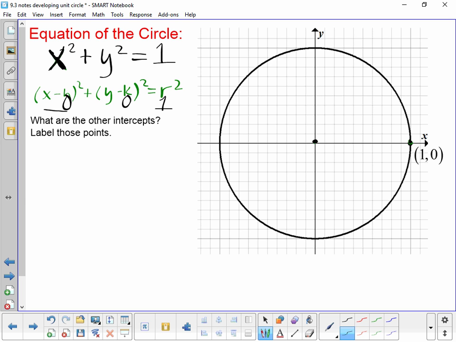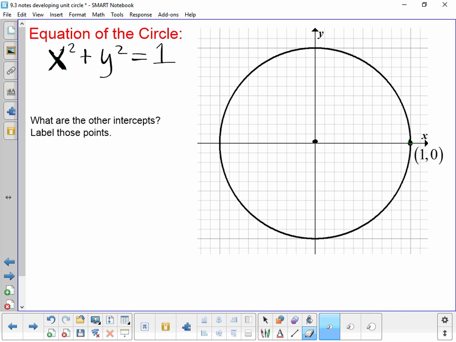So the equation of this circle on this paper here, or the board here, is x squared plus y squared equals 1. This is called a unit circle because it is a circle with a radius that has a length of 1 unit.